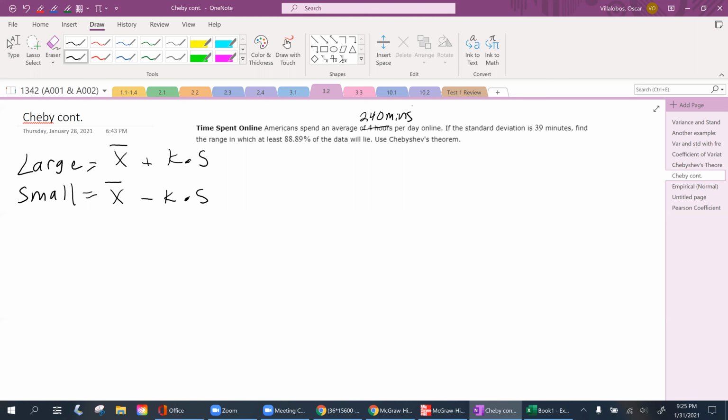What we're going to want to do now is solve for k. Here we're already given the answer, the percentage, but now we want to find those lower and upper bounds. I know with Chebyshev, 1 minus 1 over k squared is equal to a percentage.